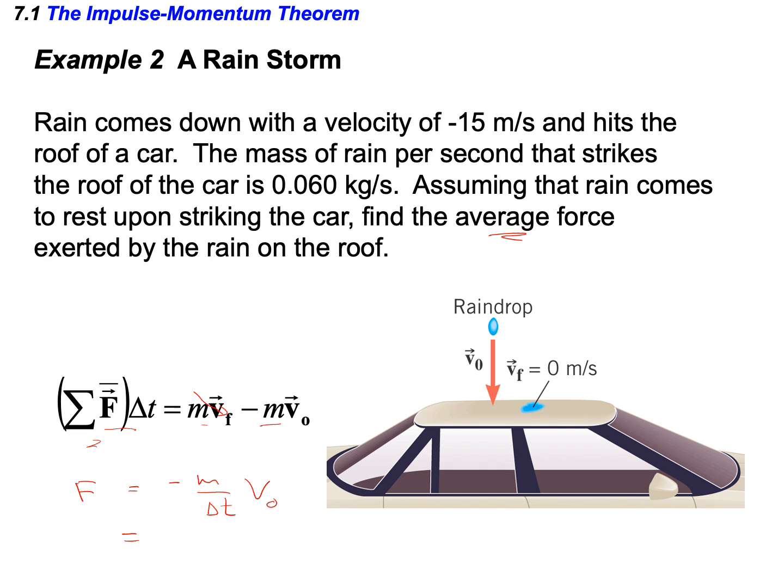So if I use 6 kilograms per second, and v naught is minus 15 meters per second, then the force is plus 0.9 kilograms meters per second squared, which is Newton.